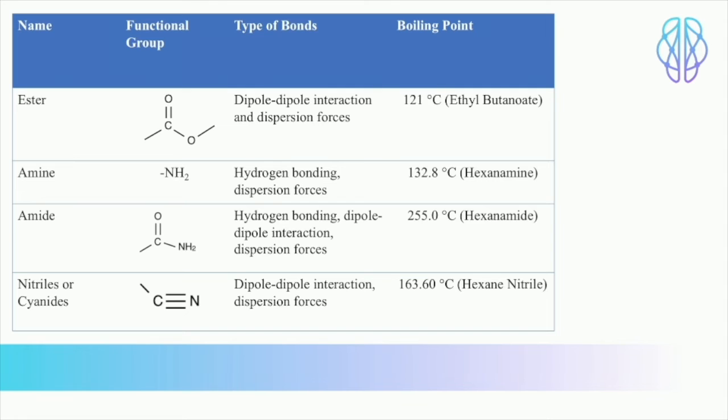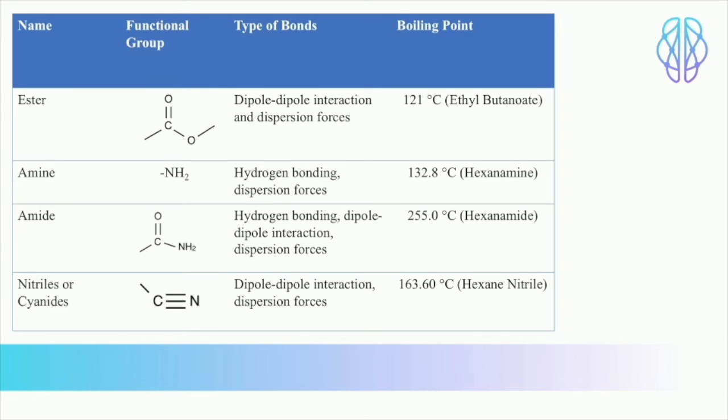It doesn't have that extra dipole-dipole interaction given by the C double bond O bond. And thus an amide will have a significantly higher melting and boiling point. Nitriles are also not able to form hydrogen bonds at all because, as you know, although they do have the nitrogen, they don't have the nitrogen bonded to a hydrogen. Thus, they only form dipole-dipole interactions and dispersion forces.